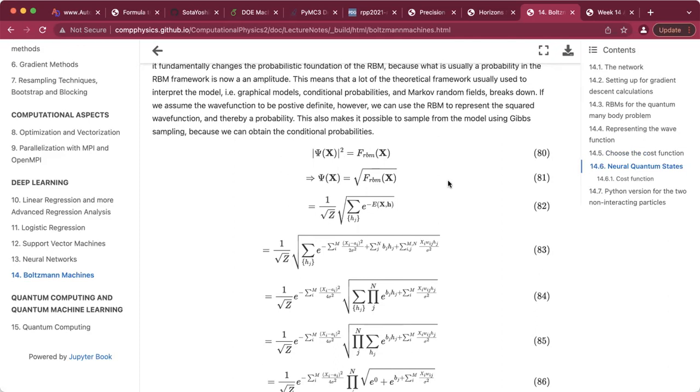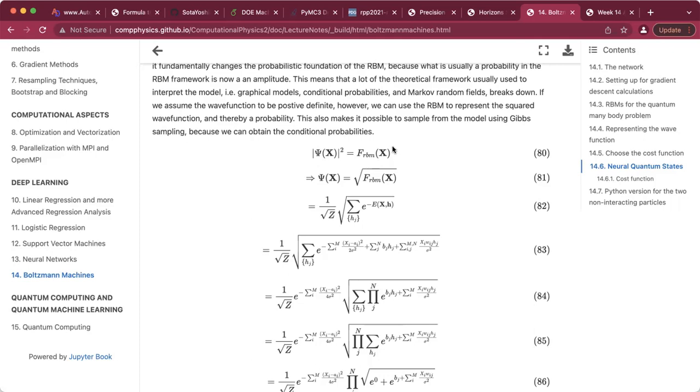Now, if you look at this expression here, it doesn't know much about the symmetry of the wave function. So what many people actually do when they use these Boltzmann distributions is to see the Boltzmann distribution as something which gives you an additional flexibility in fitting the energy.